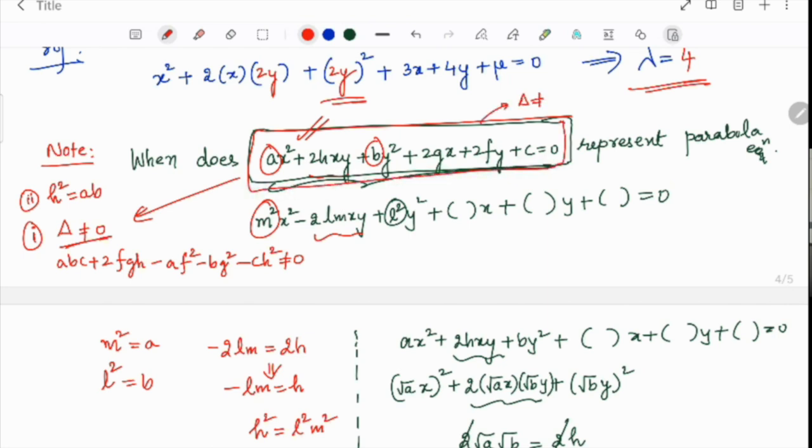When delta is not equal to 0 and h² is equal to ab. Similarly, in case of an ellipse, we will study that this equation will represent an ellipse if h² is less than ab. It will represent a hyperbola if h² is greater than ab.